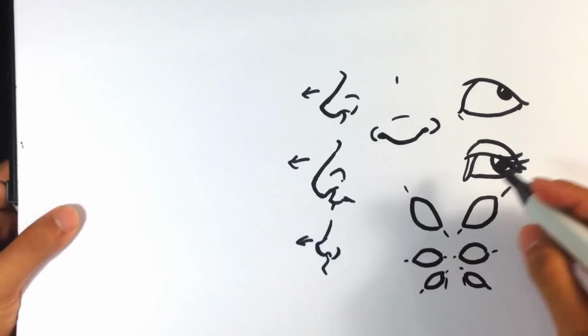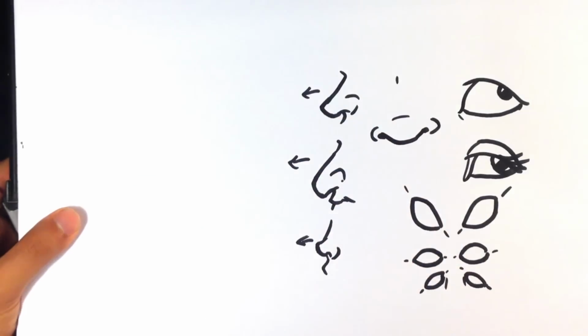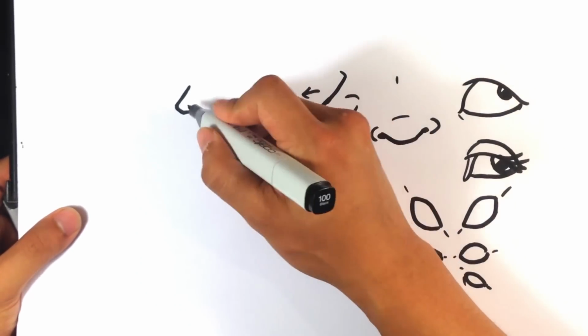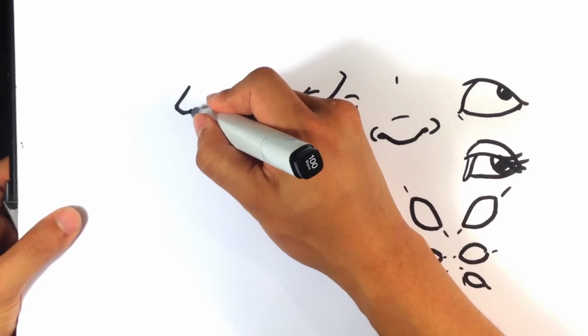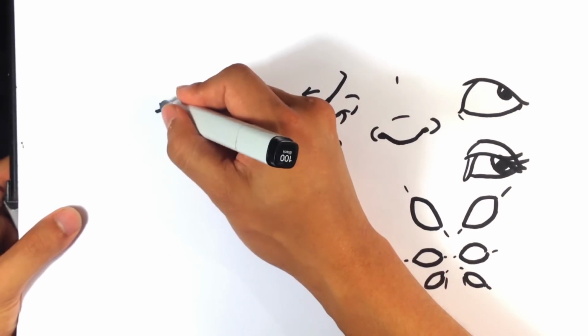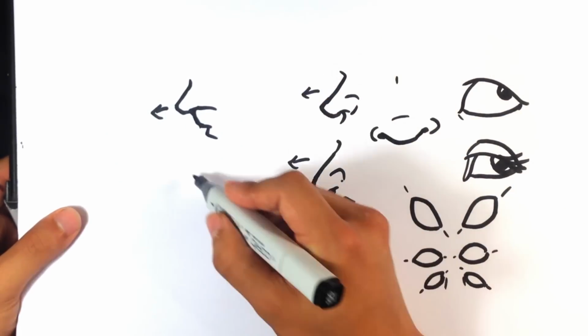Let's go with the mouth really quick. Let's go to the side view. Something to watch out for with the mouth would be the overbite. So let's say they're facing this way. Kind of that Simpson overbite.